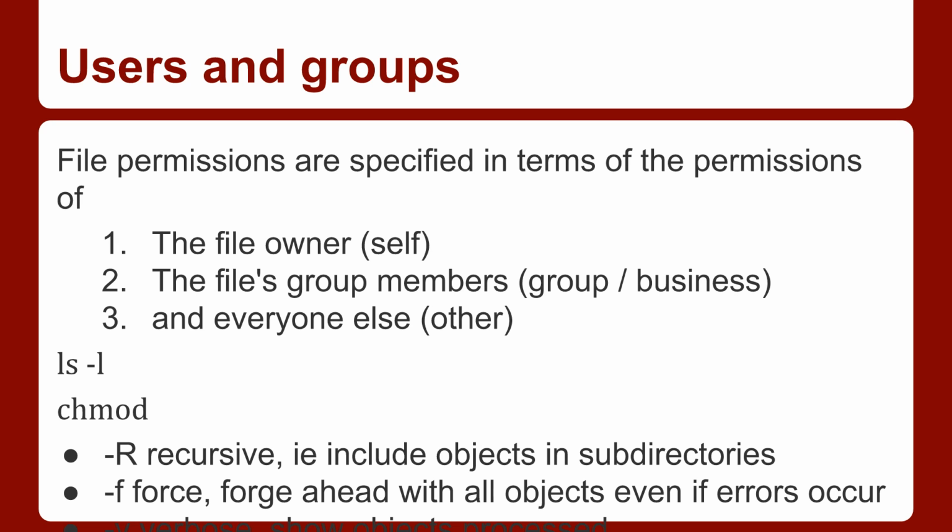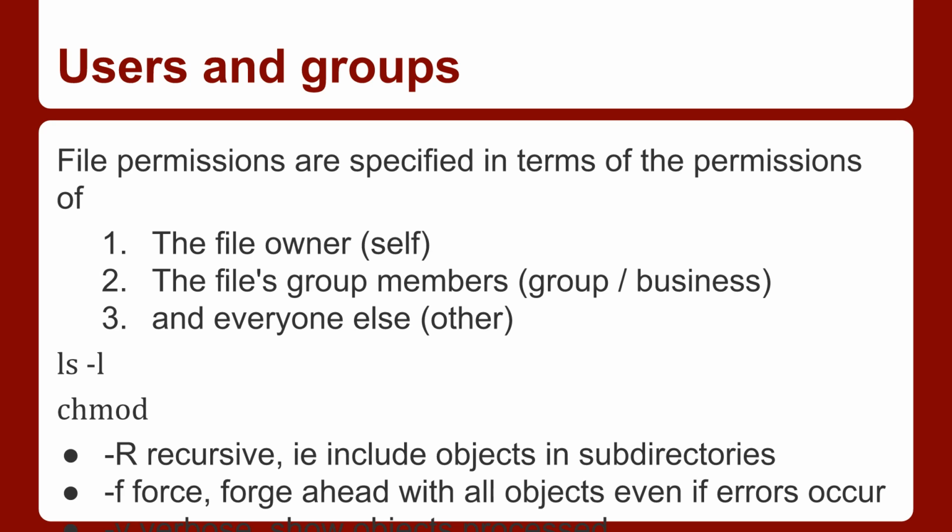So, with that covered, we now have to cover permissions and how they're handled with users and groups. File permissions in Linux are really defined by three categories. For each file, you define the permissions of the file's owner, or the self, then the file's group members, or the groups of the owner, and then everyone else.